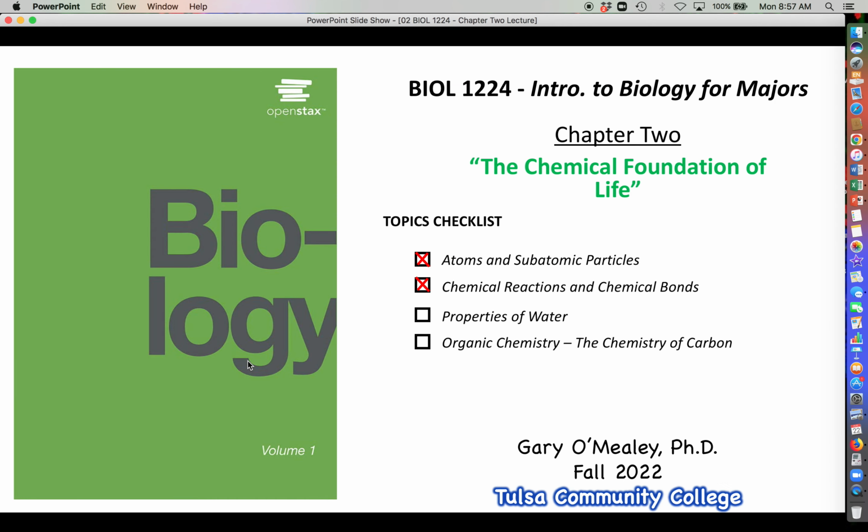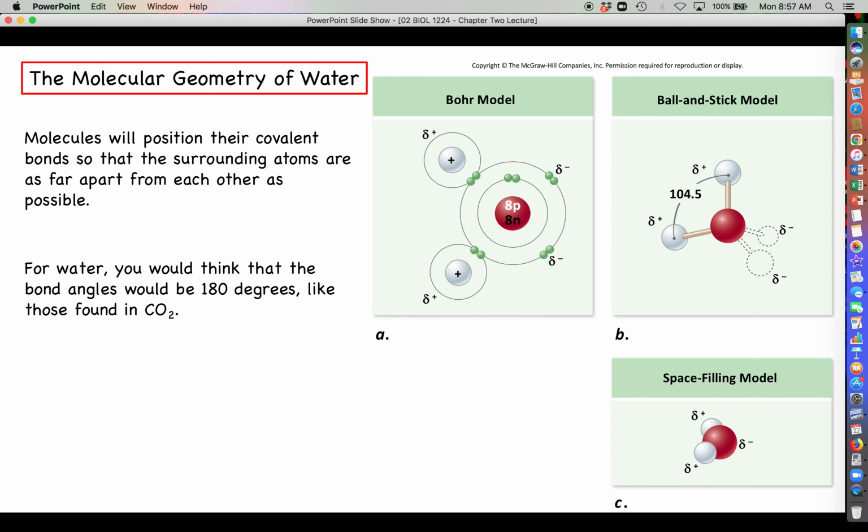So for water, and I'm having kind of the same issue with my slides that I had before, but I'll go ahead and tell you what would be popping up down here. The way water actually works is that we have a bond angle of 104.5 degrees, so that ends up being the perfect geometric bond angle for keeping these hydrogen atoms as far apart from each other as they can possibly be, and also as far apart from those 2 pairs of unshared electrons, which look like they're imaginary, but they actually take up some geometric space here.